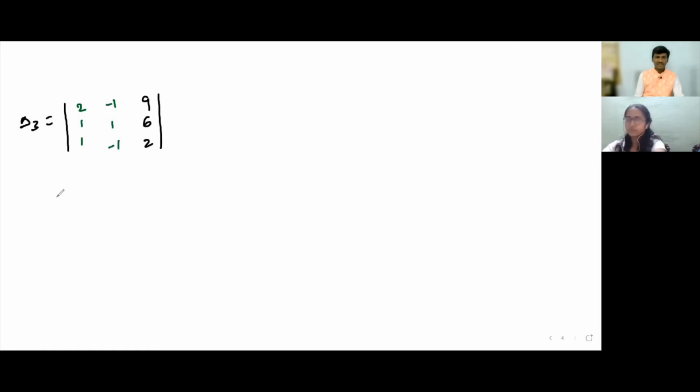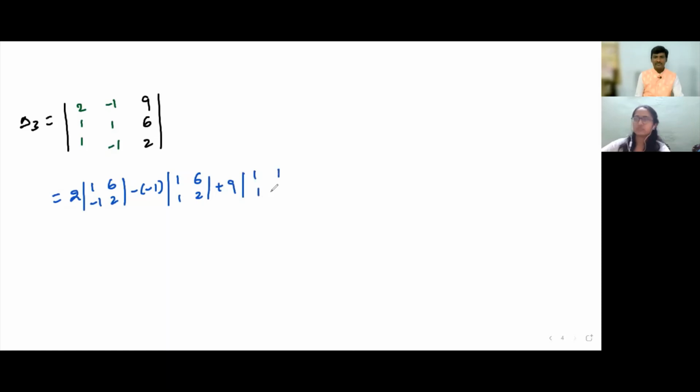That is nothing but 2 into the determinant of 1 6 minus 1 2, minus of minus 1 into the determinant of 1 6 1 2, plus 9 into the determinant of 1 1 1 minus 1.